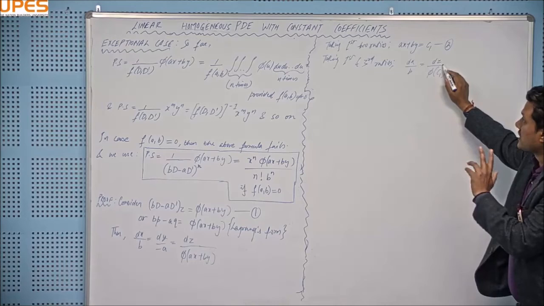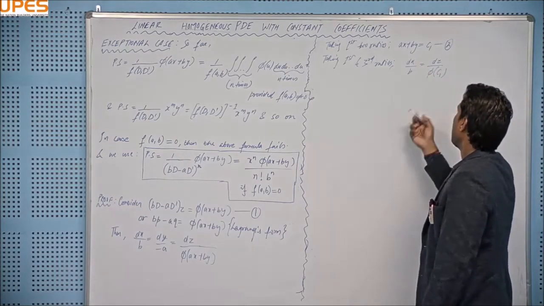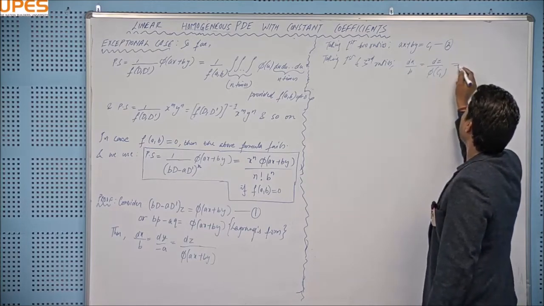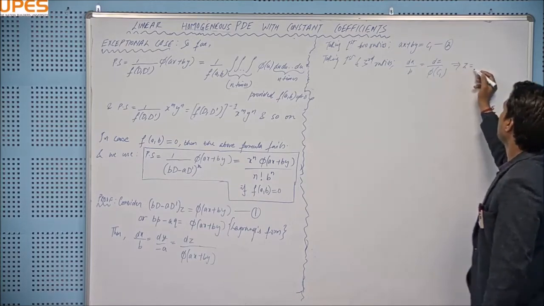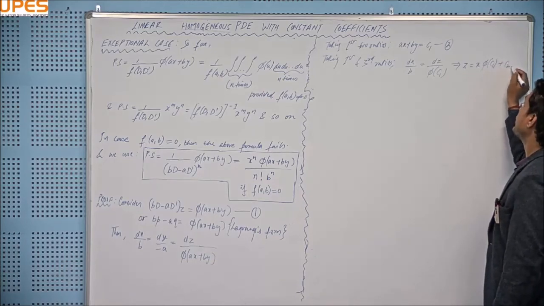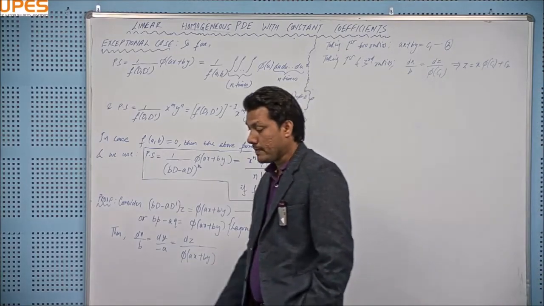Integration on both sides gives z equal to x times phi of c1 plus another constant c2, because every time you integrate you will get a new constant, right?